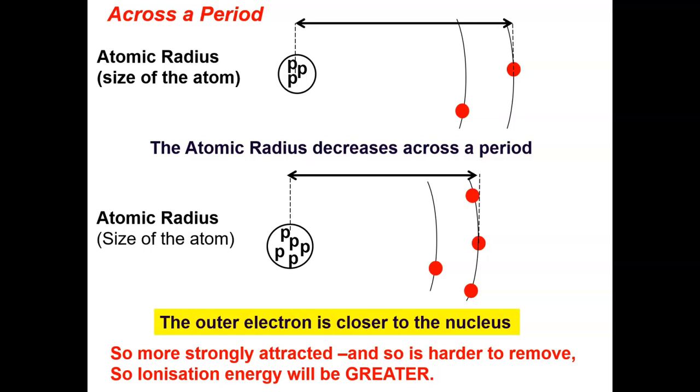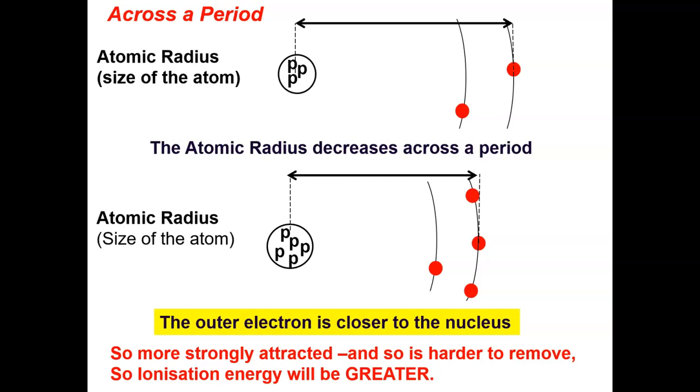So that contraction in the radius means that as you go across a period, the ionization energy, the energy needed to remove the electron, generally increases, although there are little ups and downs, like we showed you with the situation from lithium to neon and of course sodium to argon.